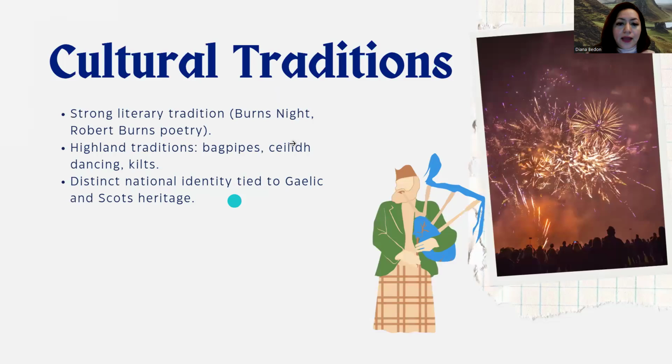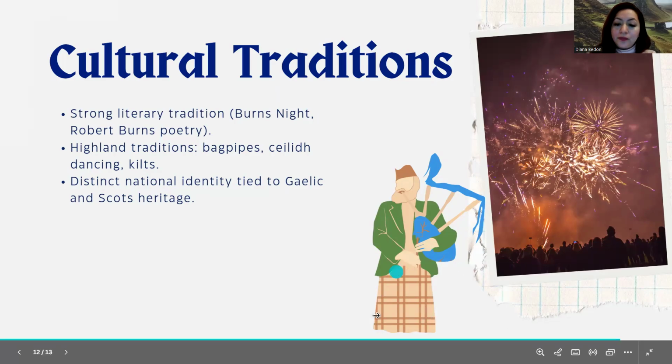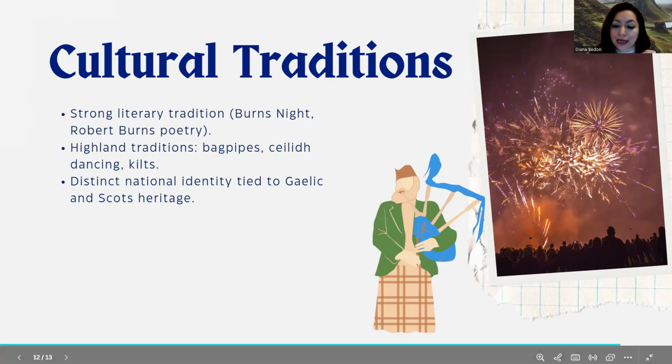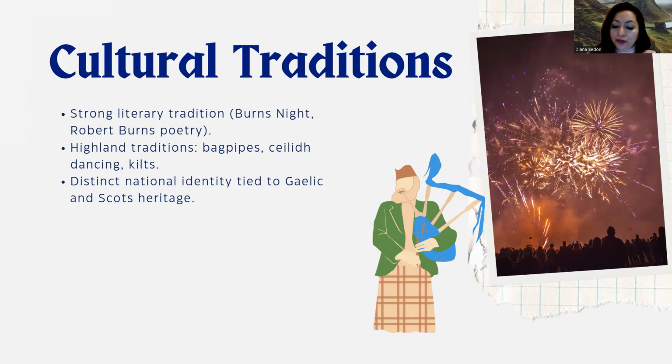About cultural traditions: strong literary traditions, such as Burns Night and Robert Burns's poetry, and also the well-known Highlands traditions: bagpipes, this singular musical instrument, ceilidh dancing, and kilts. A kilt is a skirt that men use as traditional clothing.